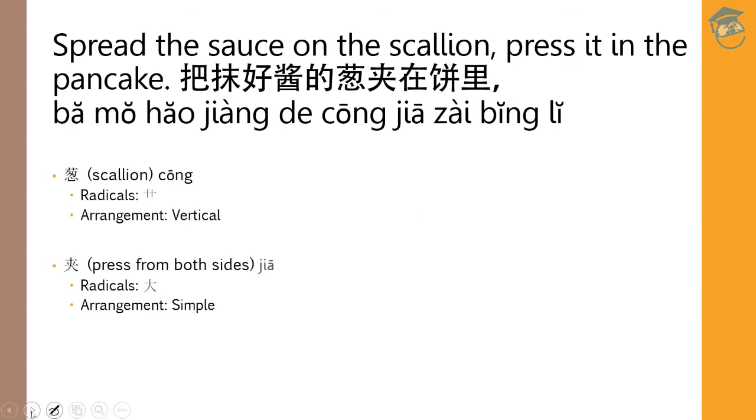The next one is 葱. 葱 means scallion. This is the pinyin, and the radical is this one on top there. The arrangement is vertical because you have top, middle, and bottom components.